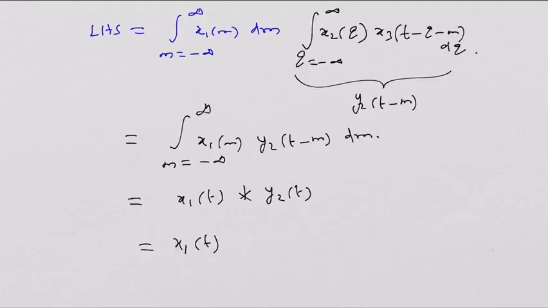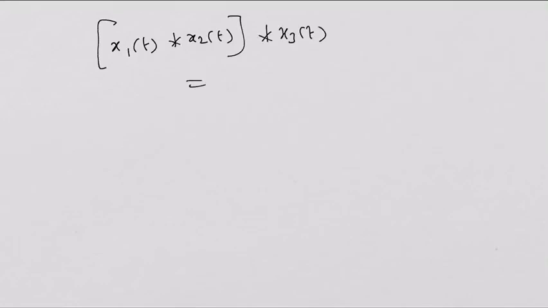So let me go back and replace this y2 of t by x2 of t convolved with x3 of t, which is actually the RHS, right? So you can very well write this: whenever you get x1 of t convolved with x2 of t, the result is to be finally convolved with x3 of t.